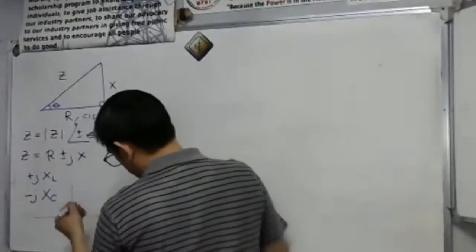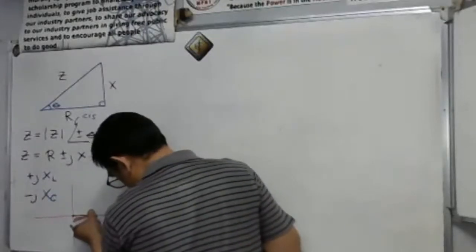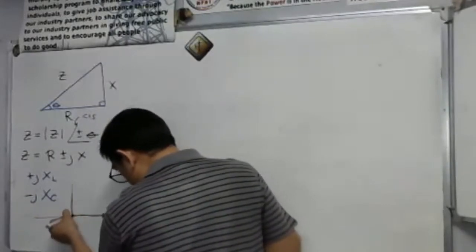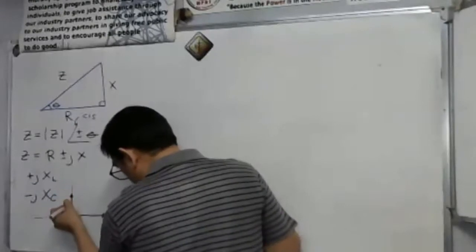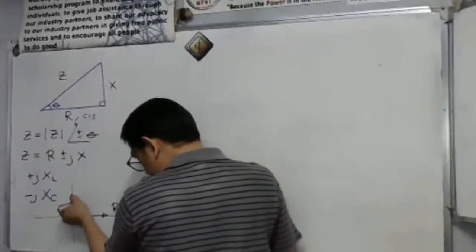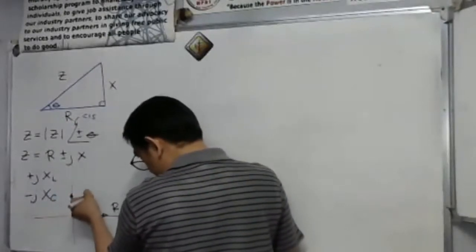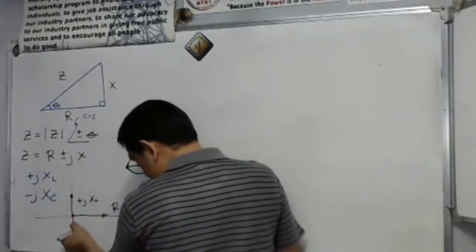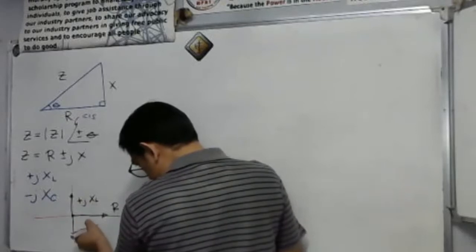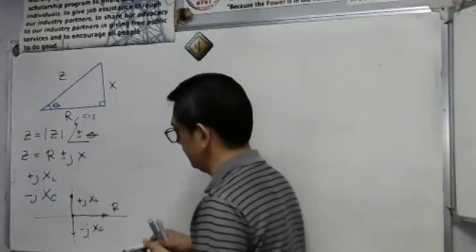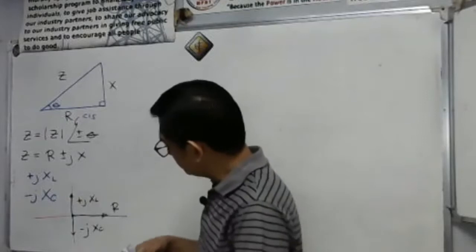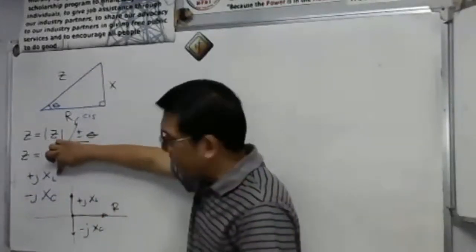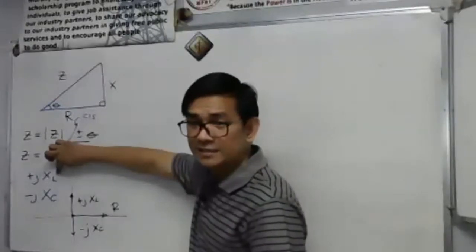This is the resistance here. On the positive direction, this is our positive jX sub L. On the negative side, this is the negative jX sub C. Remember, if it is positive j, that is X sub L, the inductive reactance.